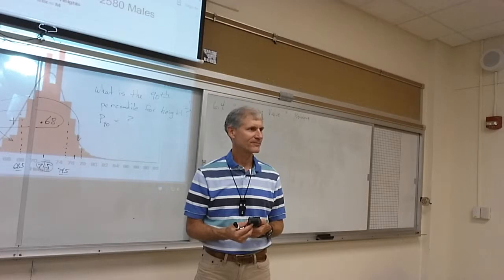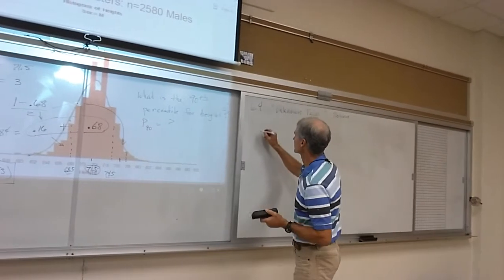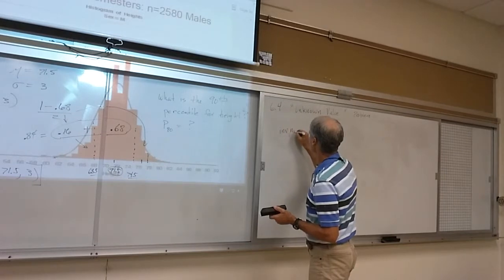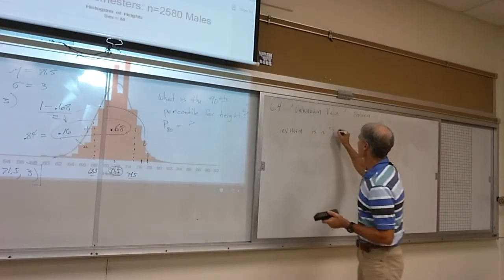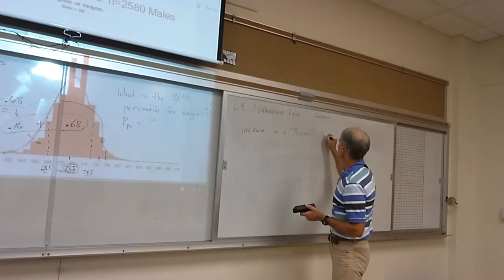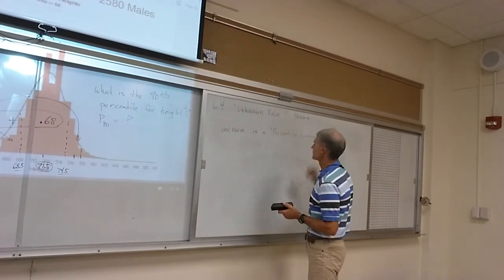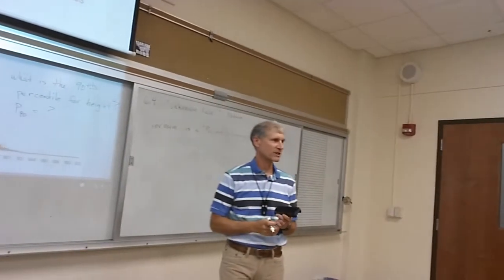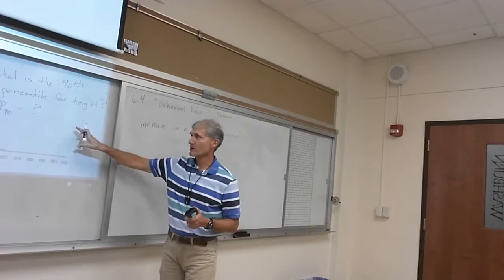Inverse norm. The inverse norm is a percentile function. I'll put that in quotes, percentile function. It will return the percentile from a given normal distribution. So this particular problem, that's what we want.